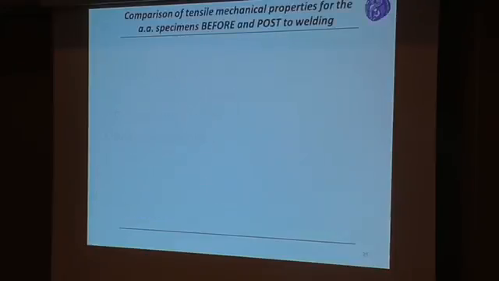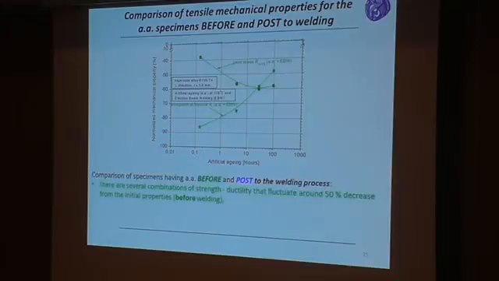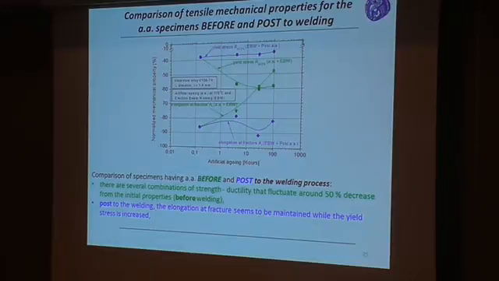For the analysis of the results, here we can see the comparison of tensile mechanical properties. Green is before the welding, and there are several combinations of strength and ductility that fluctuate around a 50% decrease. And post to the weld, the elongation of fracture seems to be maintained while the yield stress is increased.